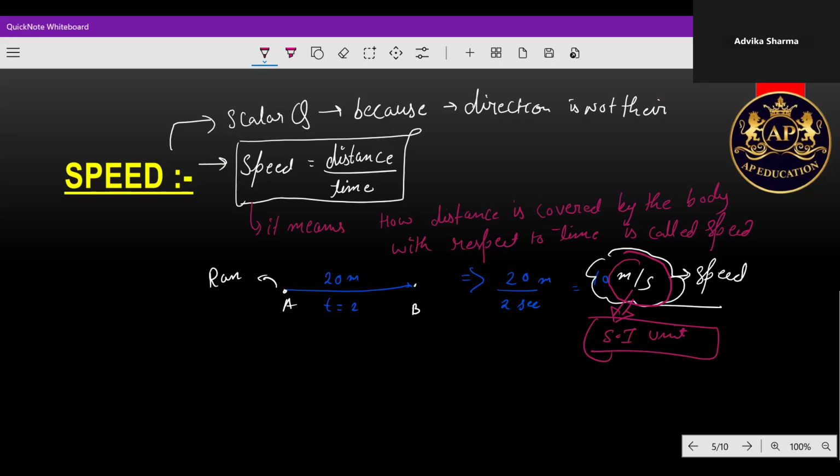Now we discuss types of speed. Before we discuss types of speed, first we understand what is velocity. Velocity is also defined as the ratio of displacement and time.